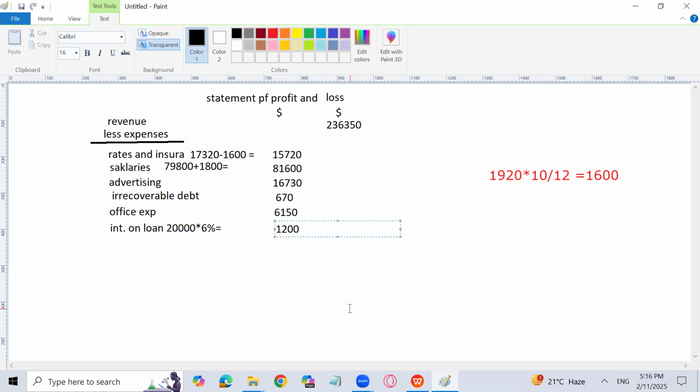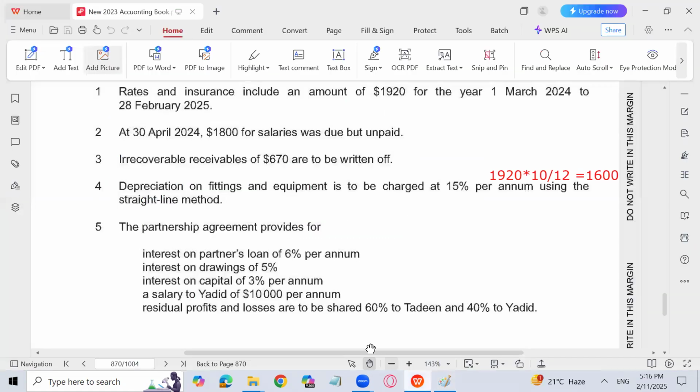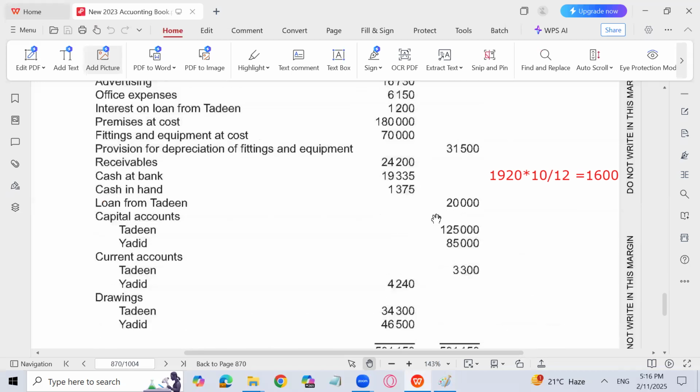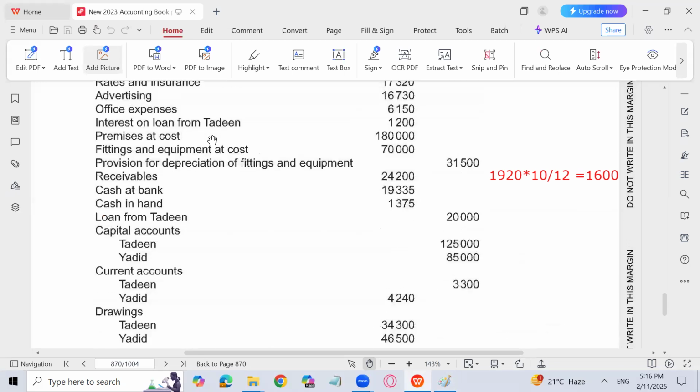Sir, it has come the same. No issue. But if it is not equal to 1200, you will still write the amount which has been calculated, not the amount which has been paid. This 1200 shows that this interest on the partner's loan has been paid. You have to write the amount of interest on loan, which is the expense for the year, either it is paid or not.